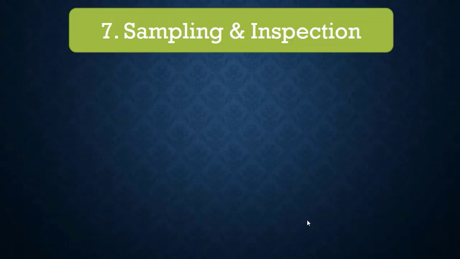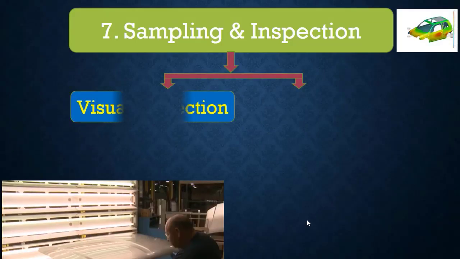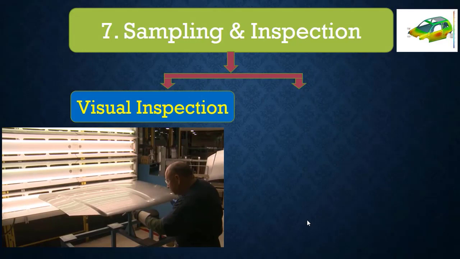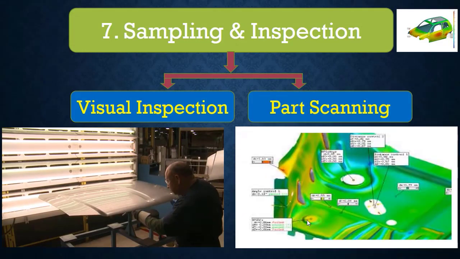At the output stage, sampling and inspection, I have made two. One is visual inspection and number 2 is part scanning. So under visual inspection, the die maker inspects the panel visually to identify any formability related issues like wrinkle, split, any waviness, any buckling and burr issues, cutting issues which are visually seen.